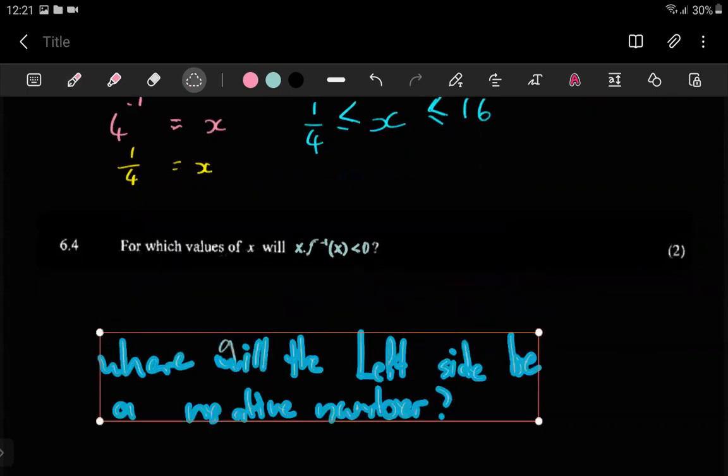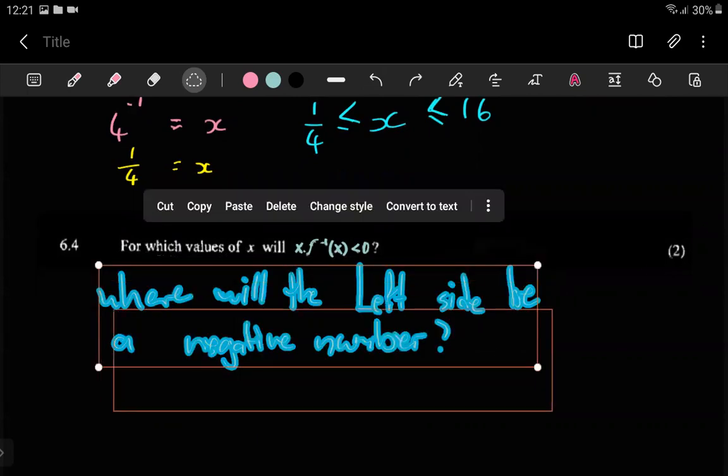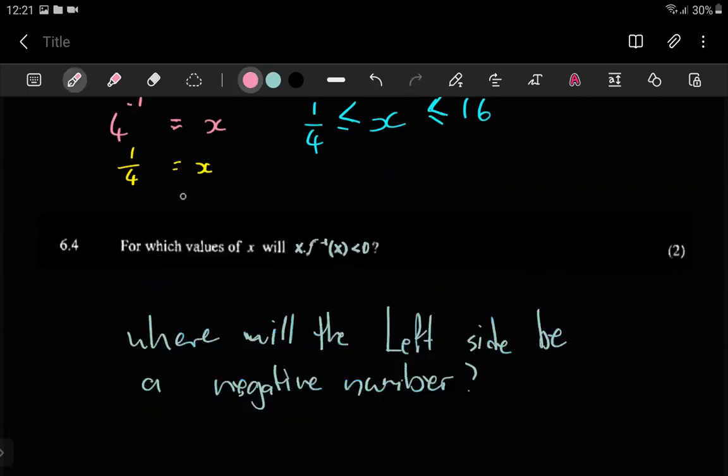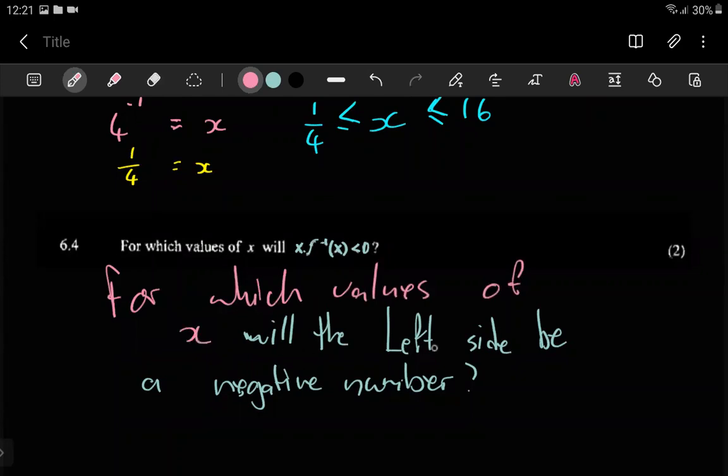That's like a spin-off of what we have said. But let me just write it the way I've just said it now. So this could be asking for which values of x will the left side be a negative number?